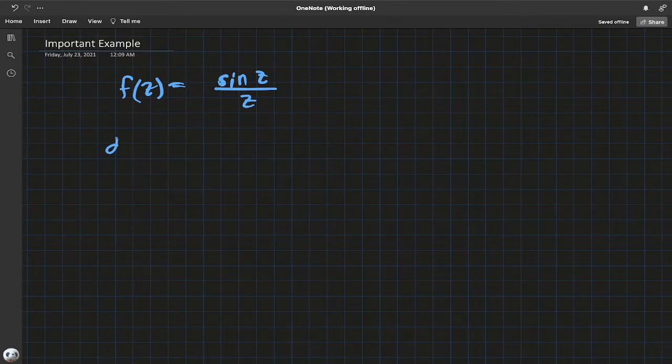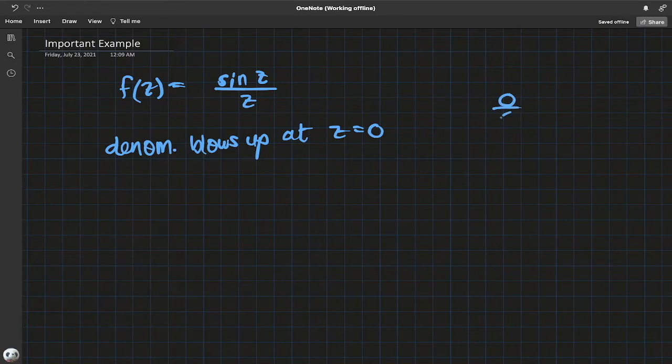Okay, the thing is, the denominator blows up at z equals to 0, and you take sine of 0, it also is 0. So we have a 0 over 0 case. You may consider doing L'Hopital's rule, but whatever.